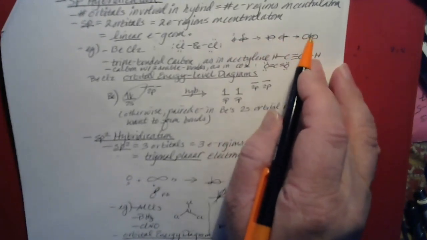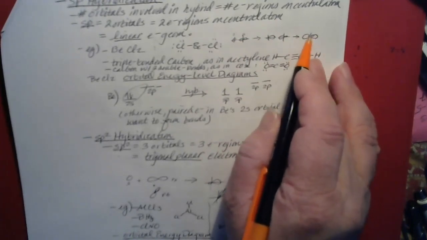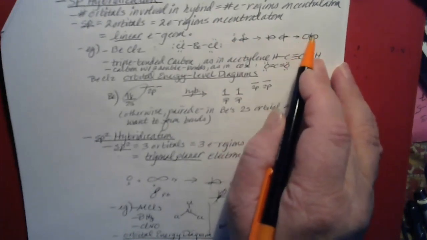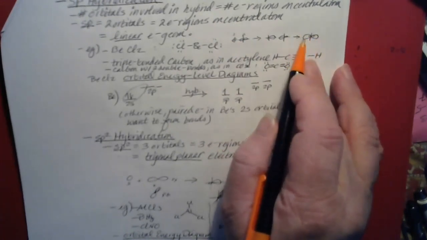When you combine them together, you get the beryllium at the center, and these two lobes of the hybridized sp orbital pointing outward exactly opposite each other, and they can engage in sigma bonding with the p orbitals from the chlorine.